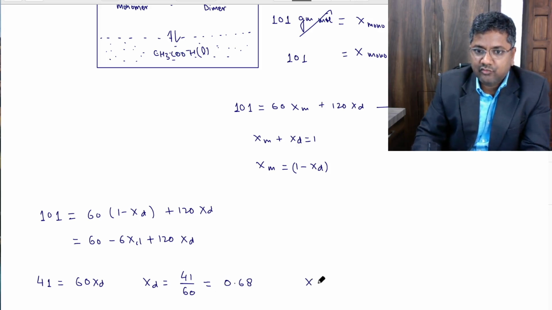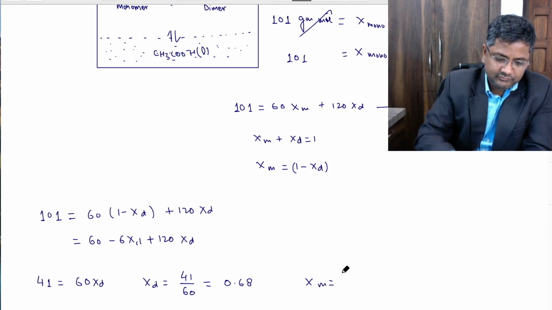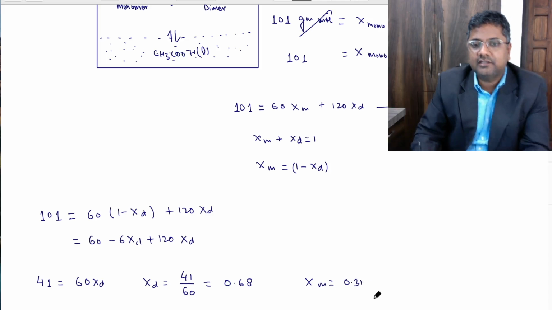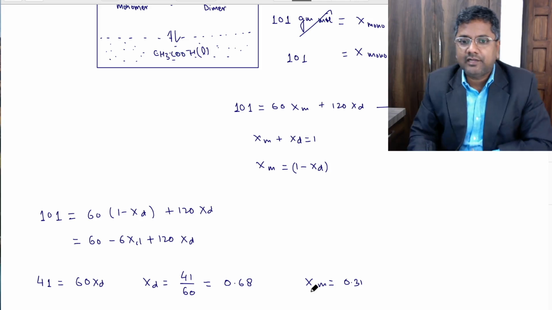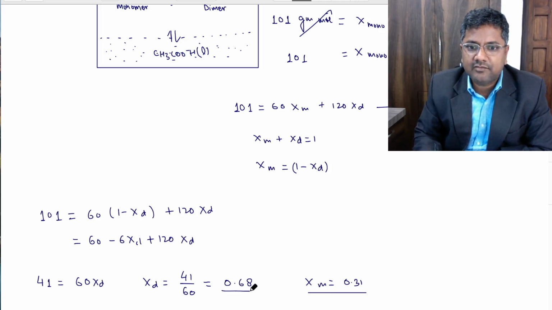So x monomer is equal to 0.316. So we have calculated the mole fraction of monomer and the mole fraction of dimer.